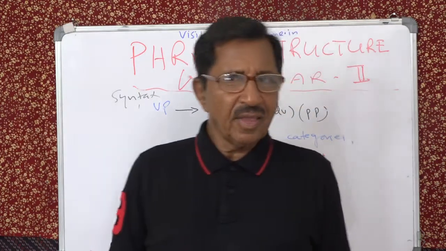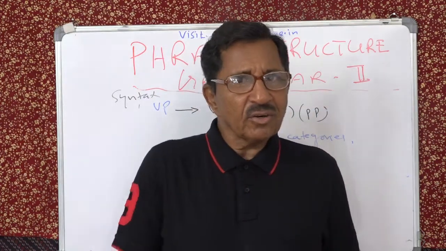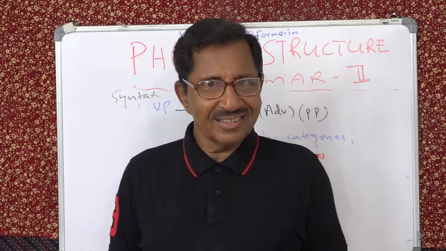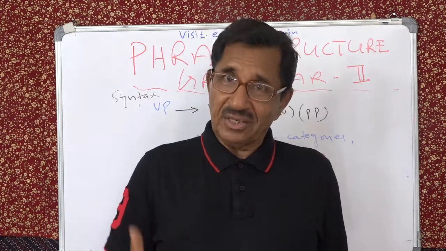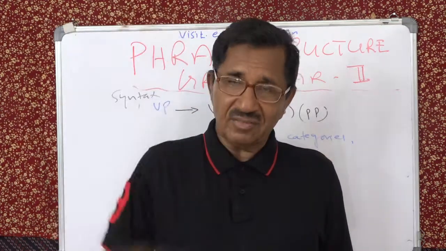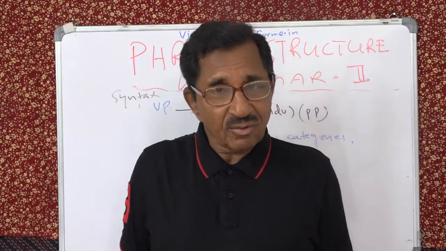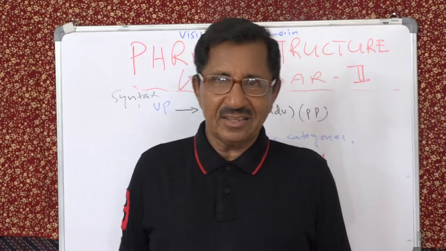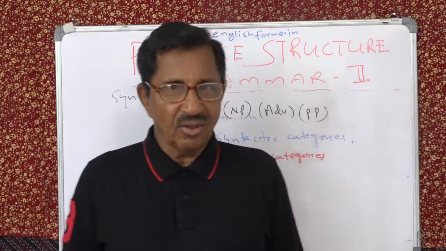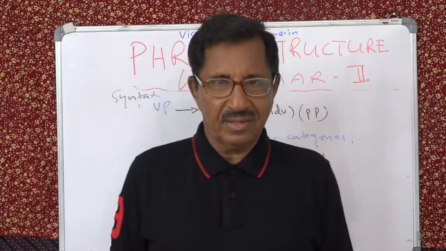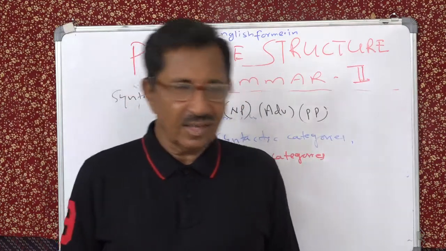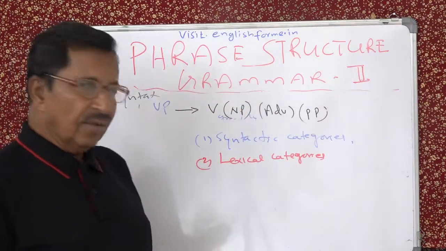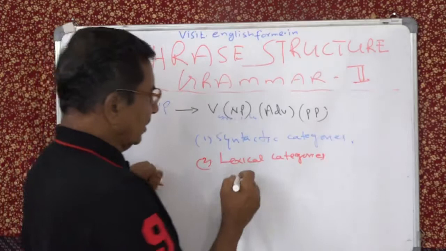Polonius asked Hamlet, what are you reading, my lord? Then Hamlet said, words. So what do you find in the dictionary? Words. And what are they? They are lexical categories because they are found in the lexicon, or what you call vocabulary. So what are they?